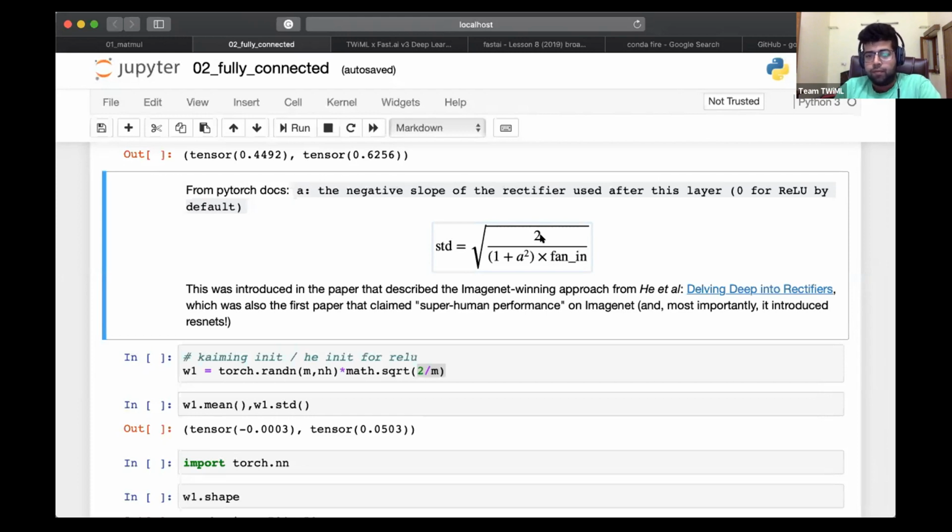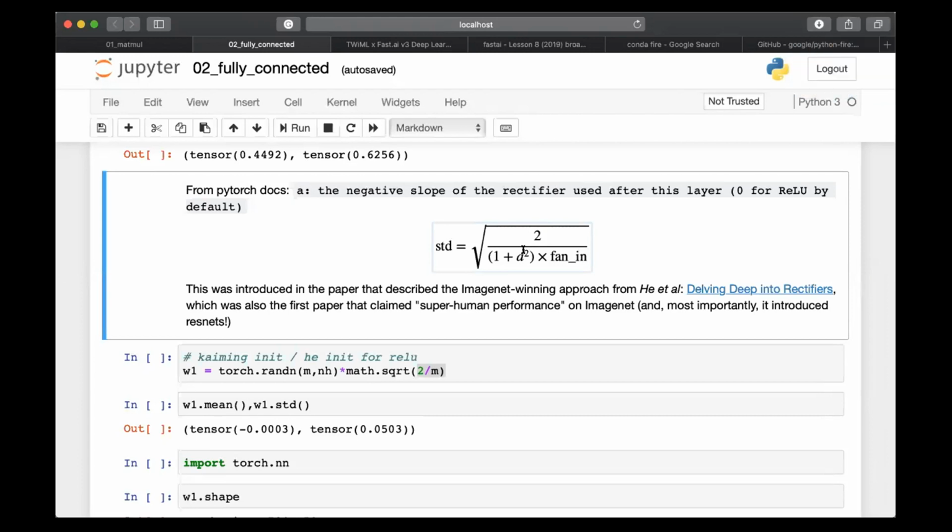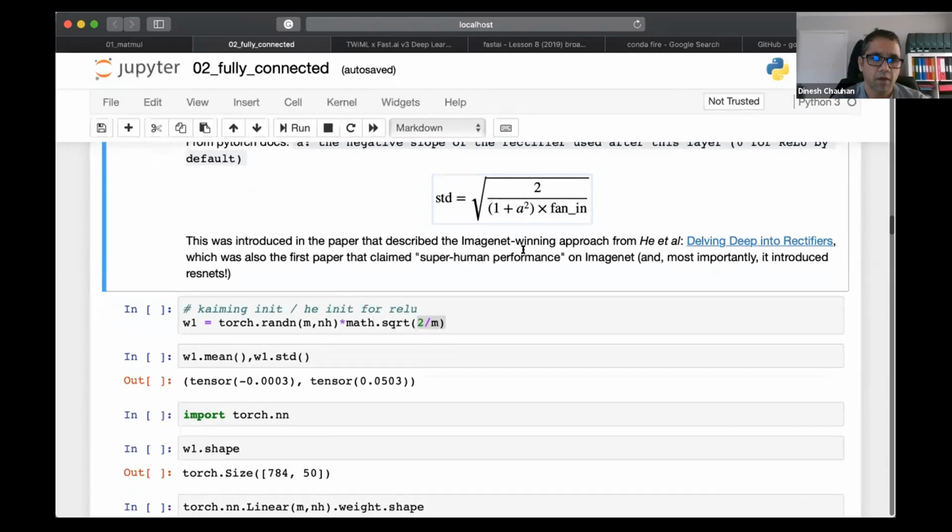They call it PReLU, I think, parametric ReLU. I'm not sure about that, but they call it parameterized, so that instead of having the negative part as 0, there will be a parameter that you can tune. Yeah, parameterized. Okay.